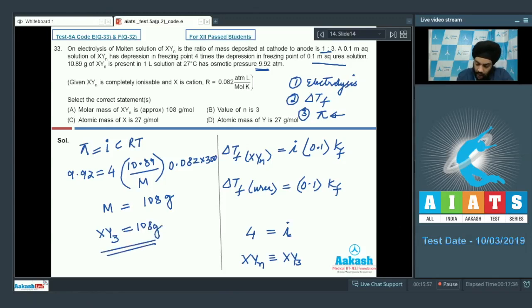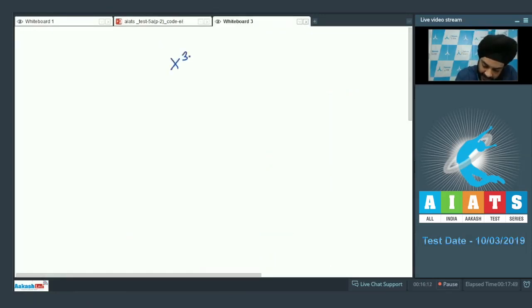Now we can talk about the electrolysis data which is given to us. It is told that the ratio of mass deposited at cathode to anode is 1:3. So we can write X3+ plus 3 electrons converting into X, and Y minus converting into Y plus electron. To balance the electrons, we need to multiply this by 3.